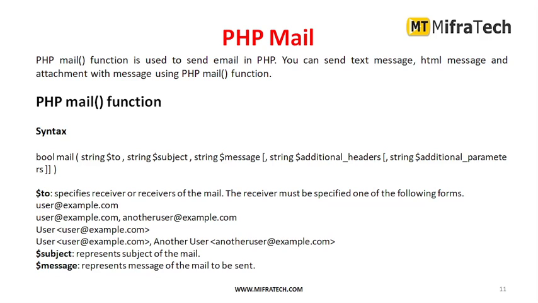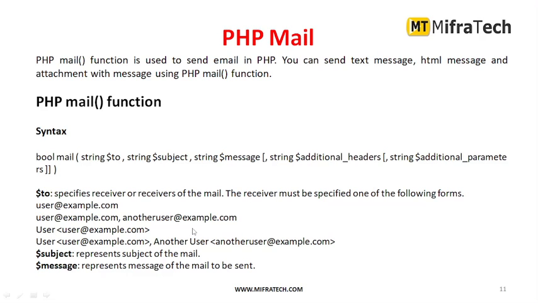Syntax: bool mail, with the string to, the subject, the message, the additional headers, and the additional parameters. The 'to' specifies where the receiver's mail has to go, with an extension like .com or .in; we have taken user@example.com.